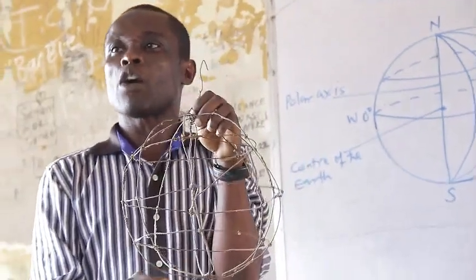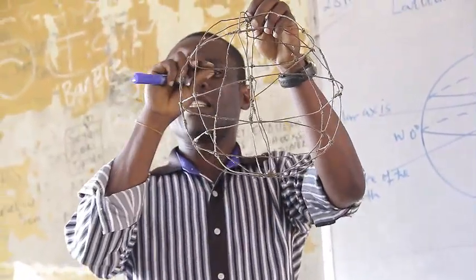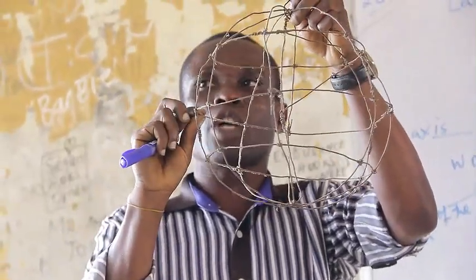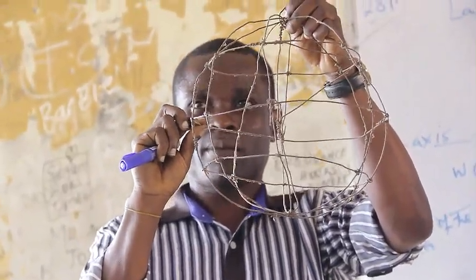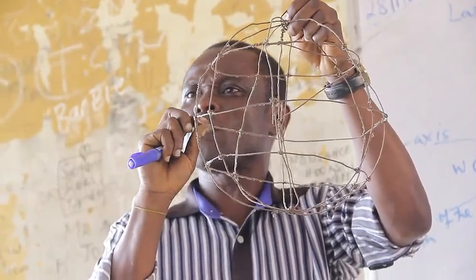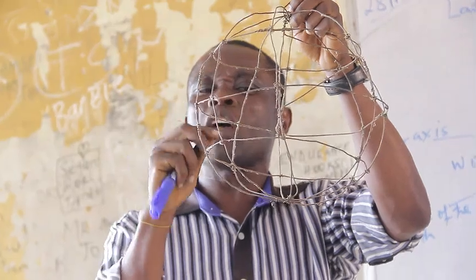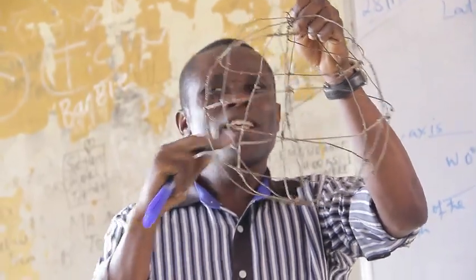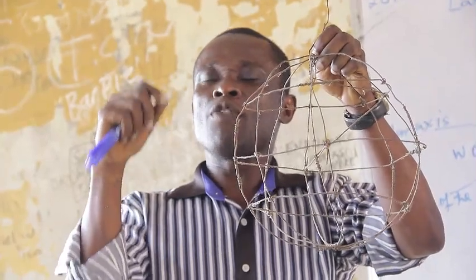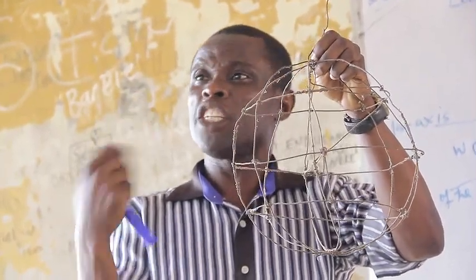Each one of them is a small circle. Why is it a small circle? Let me explain this. Look at this. This is a parallel of latitude. This equator too is a parallel of latitude, but it's a great circle. The reason why this equator is a great circle is because the radius of this equator is the radius of the Earth. When you draw a circle, a line drawn from the center of a circle to any part of the circumference is called radius.